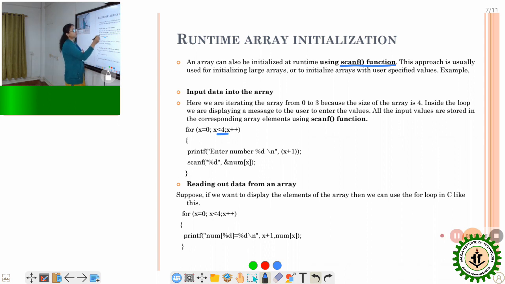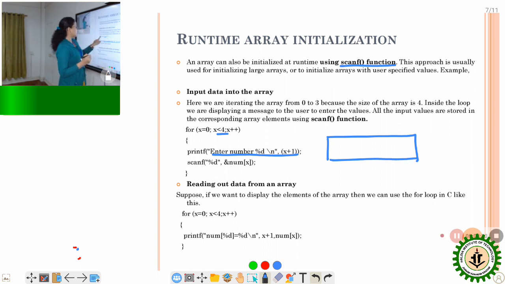So here we use a loop for the runtime initialization. Here we use the for loop. For loop starts from 0 and goes up to less than 4. And here we print a statement that is enter the number %d and x plus 1. What does this mean? Means if we enter some value, that is 4.